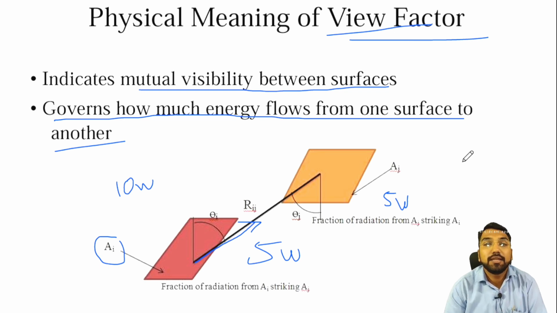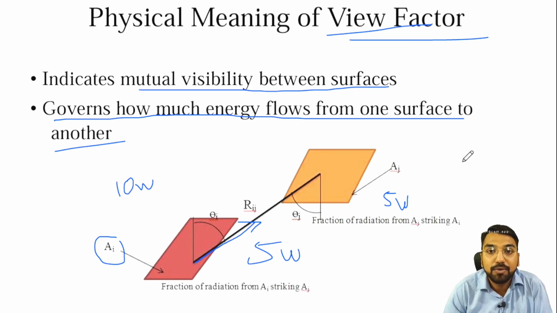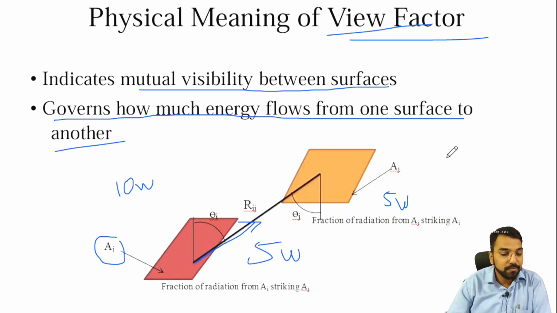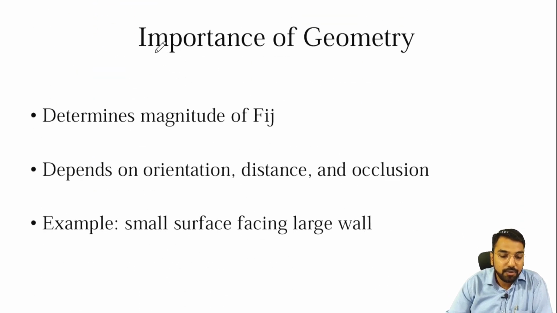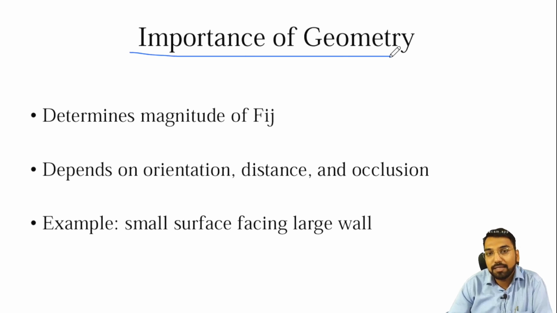As far as this lecture is concerned, you are not doing a mathematical calculation for the view factor, but you are going to learn the importance of the view factor, why it is calculated, and why it is there in radiation heat transfer. So, the importance of geometry: only the surface area which is exposed to the radiation is important for calculating what fraction of radiation heat transfer will take place to that surface.